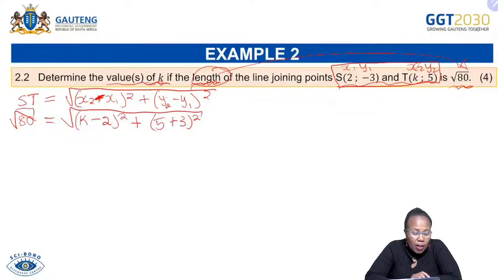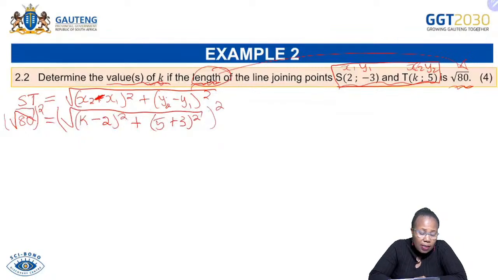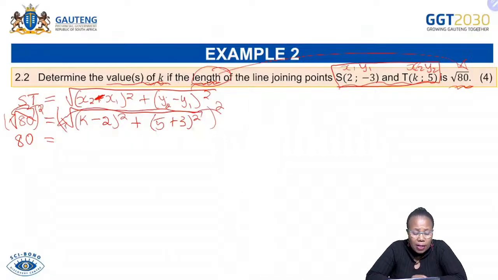Okay. Now we square both sides to get rid of the square root sign. The square and the square root cancel, leaving 80. On the other side, the square also cancels the square root sign, and you are left with the bracket, k minus 2. It's like multiplying 2 brackets of k minus 2. There's a short method of saying that.